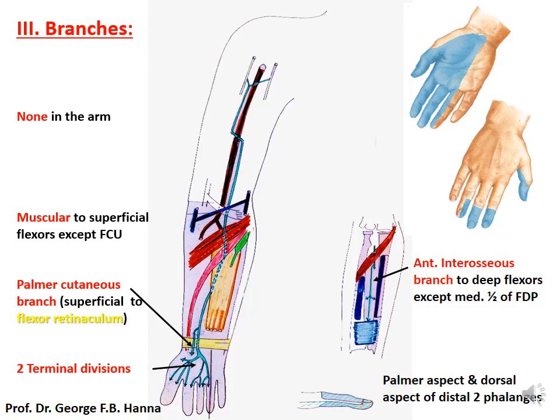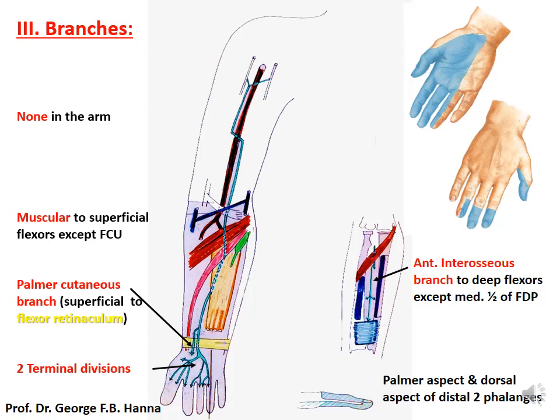Because it passes anterior to the interosseous membrane between ulna and the radius to supply the deep flexors except the medial half of flexor digitorum profundus, since this medial half is directed towards the medial side, towards the ulnar side. It seems to be supplied also by the ulnar nerve.